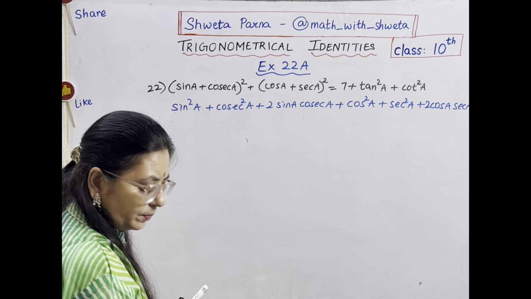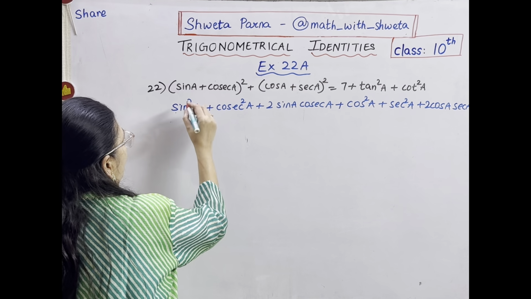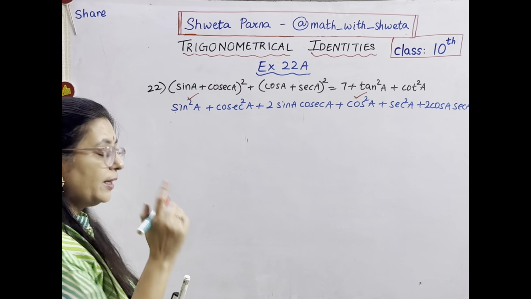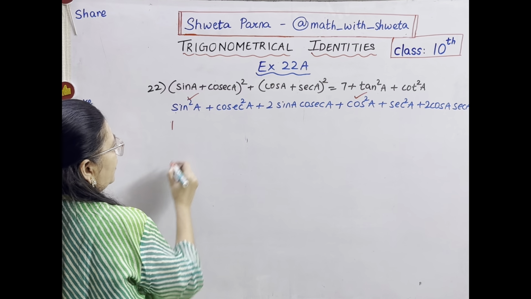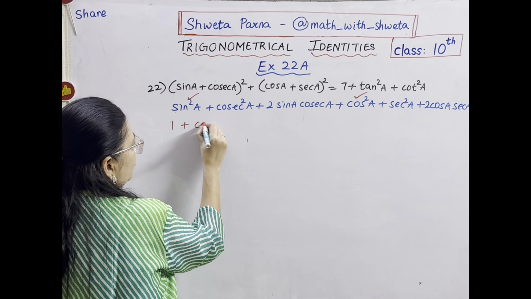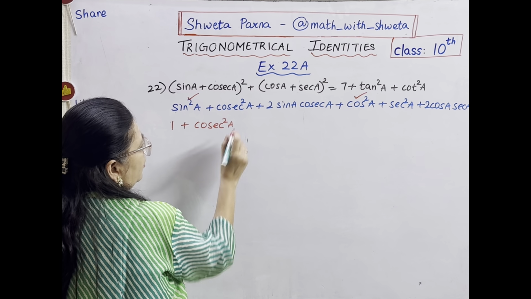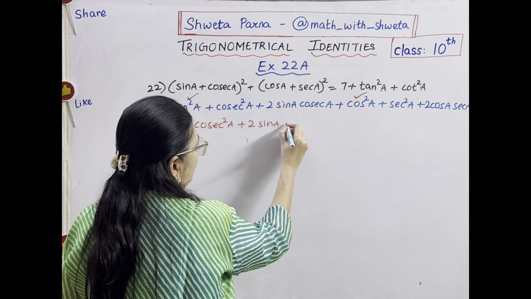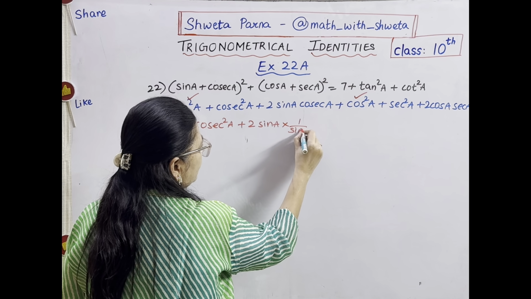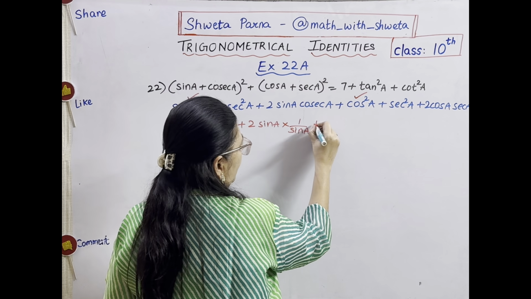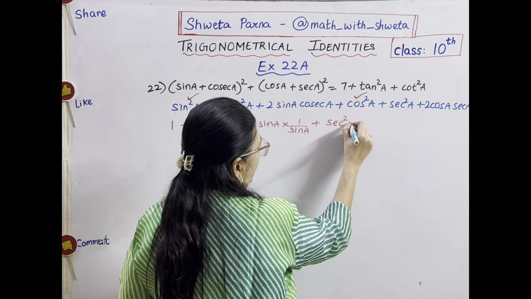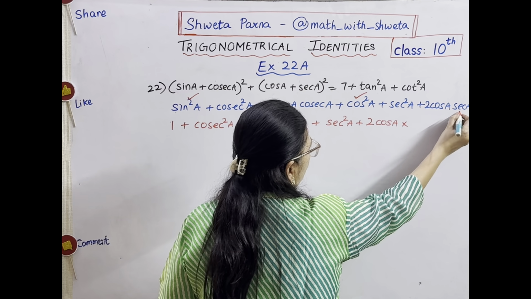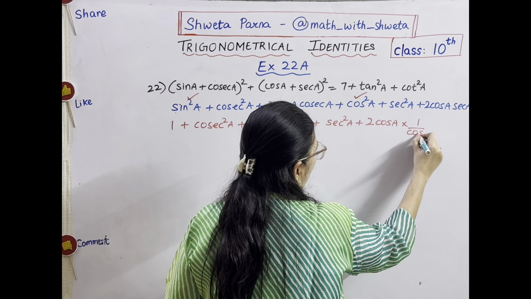Yes. Now sin square a plus cos square a is what? It is 1. So here you will write 1 plus cosec square a plus 2 sin a. What is cosec a? 1 upon sin a. Okay. Plus sec square a plus 2 cos a into sec a is 1 upon cos a.